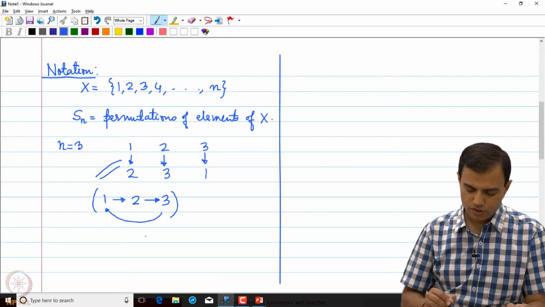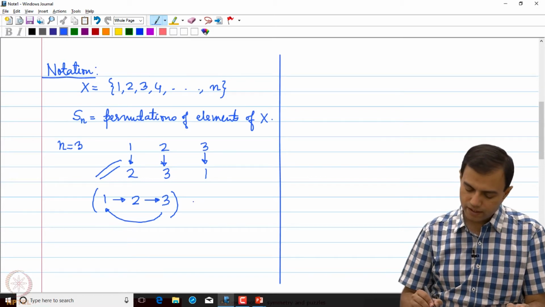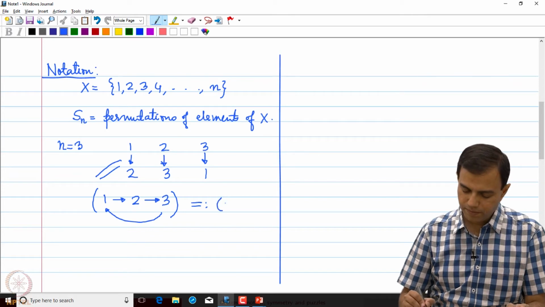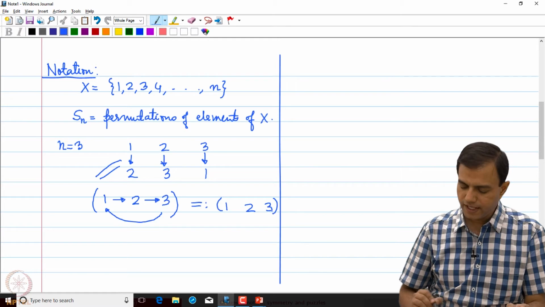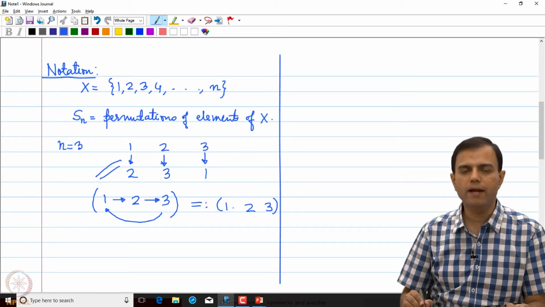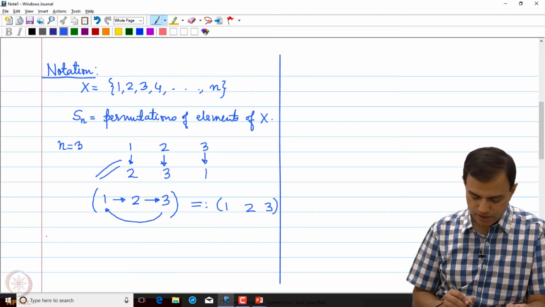So this is a shorter notation, and yet another notation for this is simply (1 2 3), and we read it like 1 goes to 2, 2 goes to 3, and 3 comes back to 1. Let's take a few other ones.